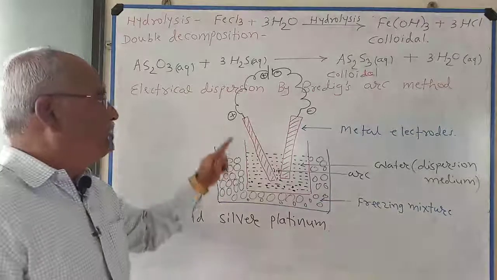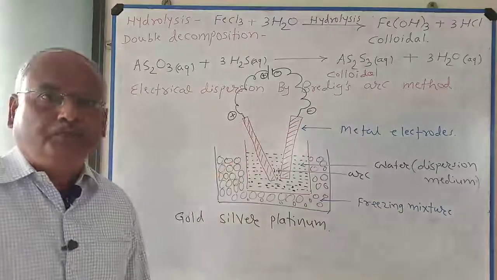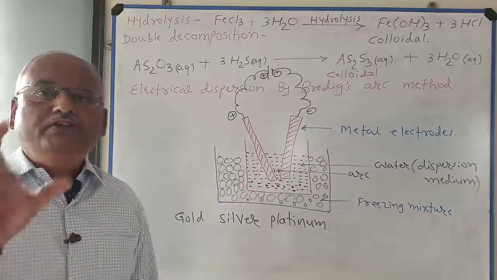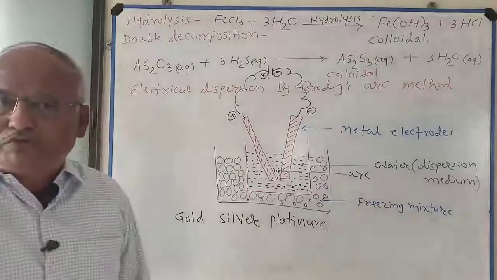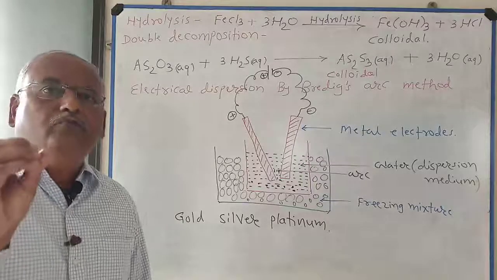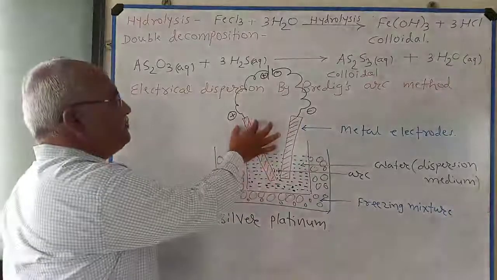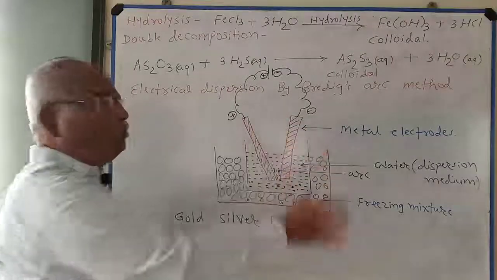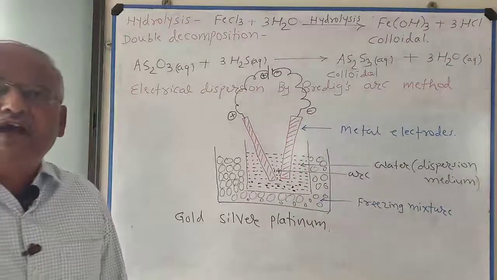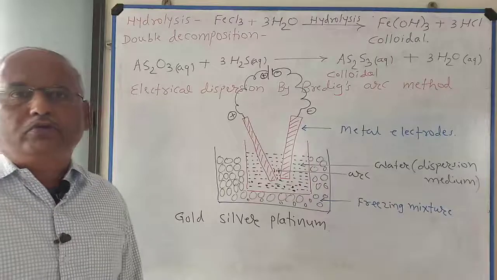The substance to be dispersed is taken in the form of electrodes. Suppose we want to prepare gold sol. Here these are two gold electrodes.